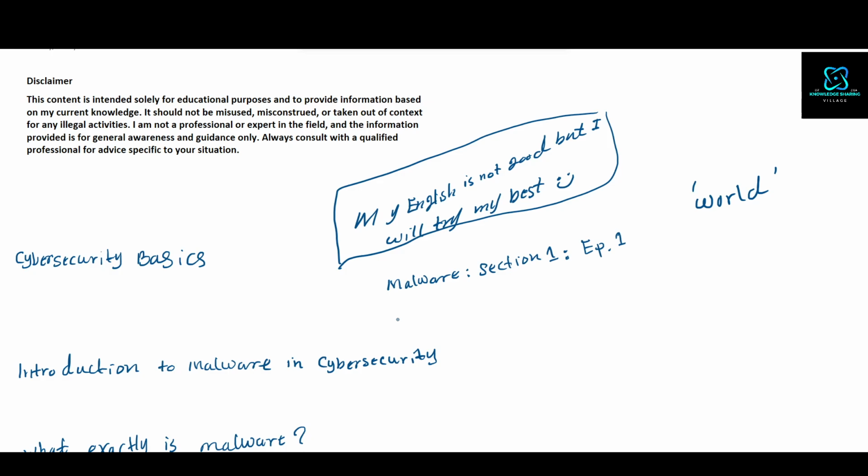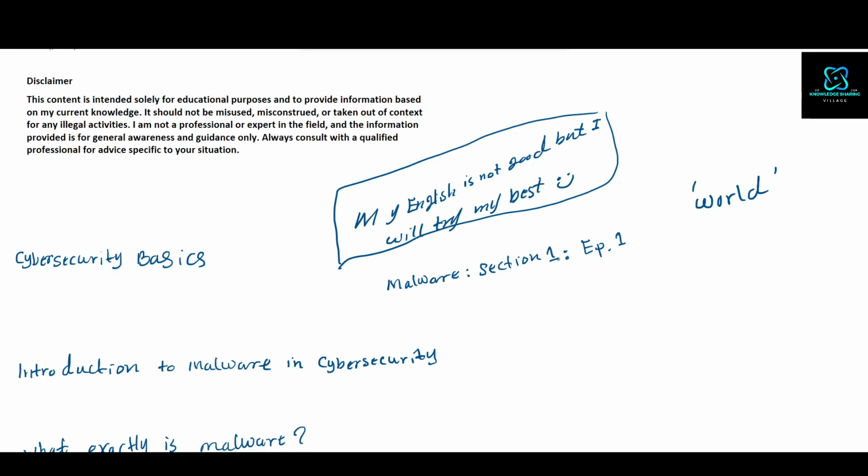So, I have divided this topic into two sections. The first section is only about malware, and in the second section we are going to talk about and explain some common types of malware that are out there, what the difference is between each type, and how they function.